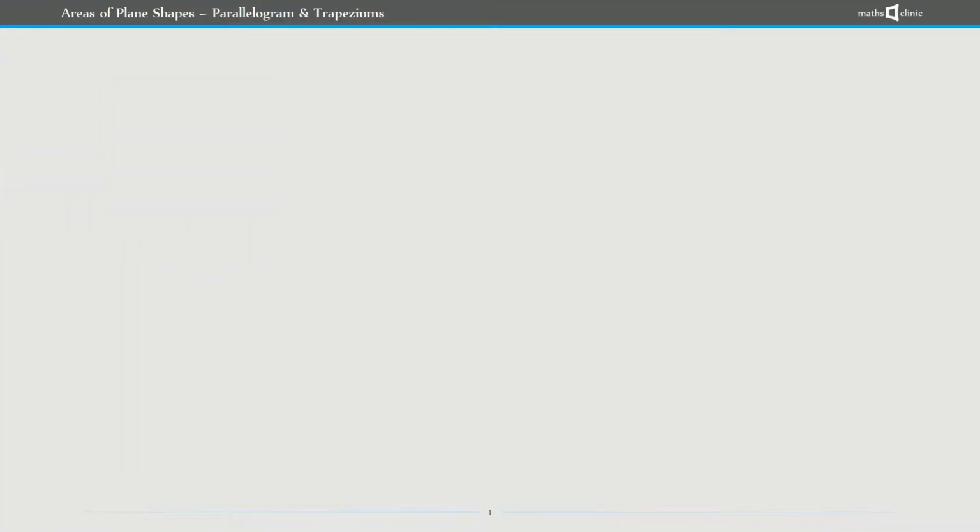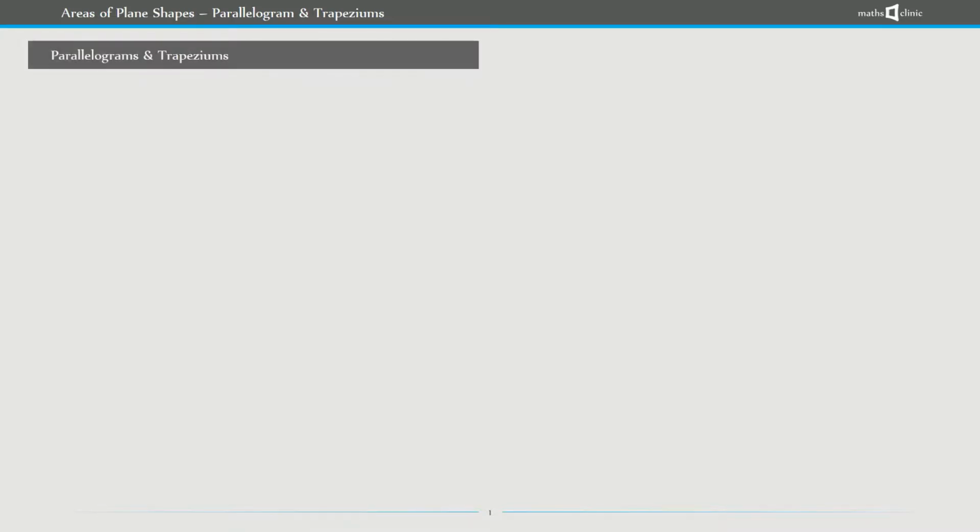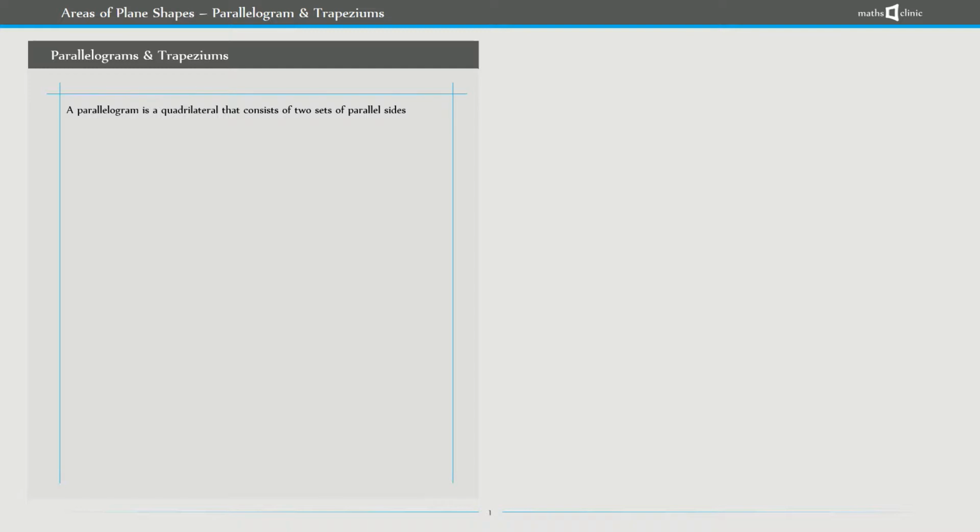Now, parallelograms and trapeziums. Let's talk about parallelograms first. What is a parallelogram? A parallelogram is a quadrilateral that consists of two sets of parallel sides. Very simple.